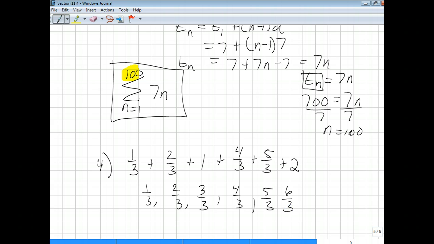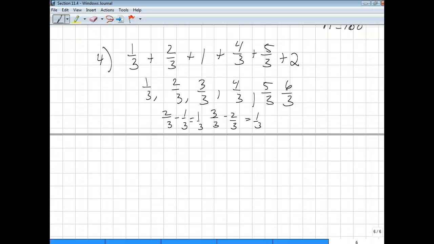So is it arithmetic? Is 2/3 minus 1/3 the same thing as 3/3 minus 2/3? Okay, well this equals 1/3. This equals 1/3. So it is arithmetic because you're adding 1/3 each time. And so we can use t sub n is equal to t1 plus n minus 1 times d.